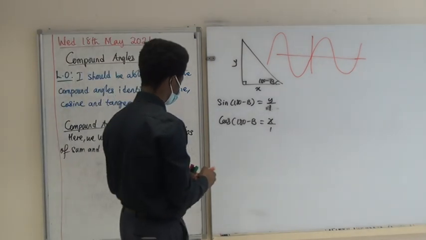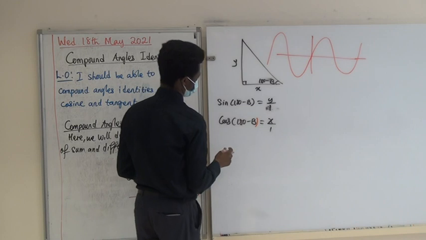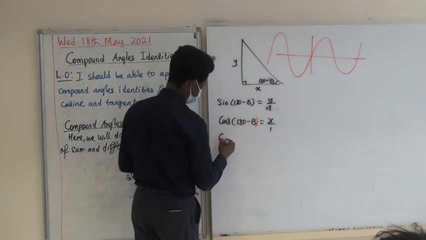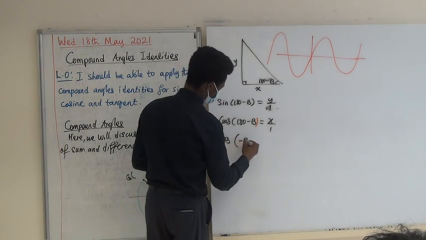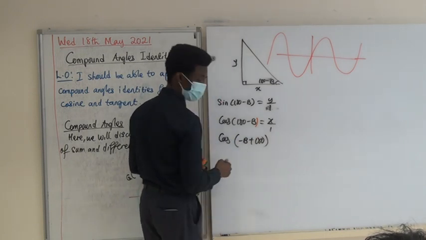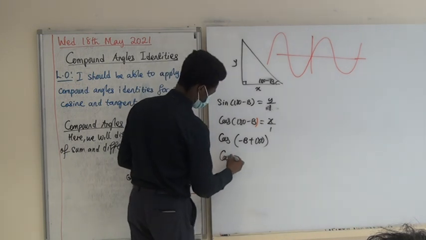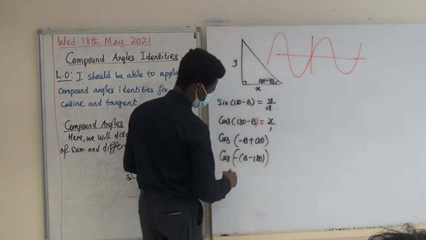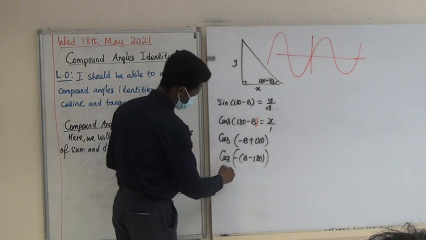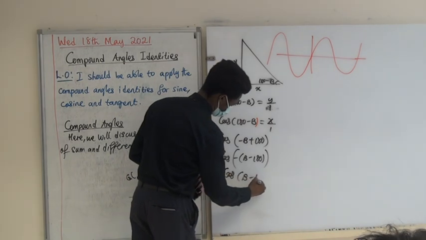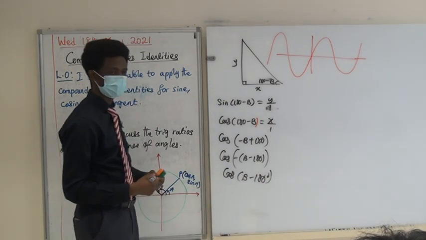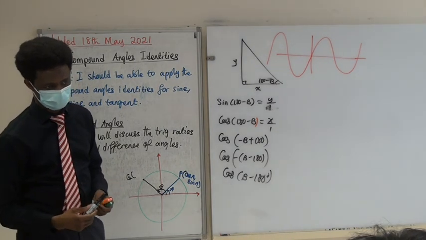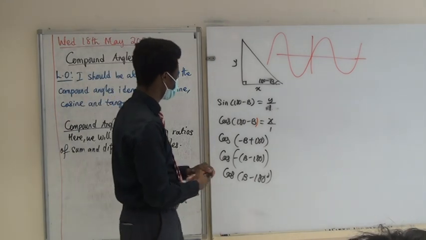Is it okay to write this as cos of negative b plus 180? Would it be the same to say minus b minus 180, if b is very large? Will it be okay to say this is exactly b minus 180? Cosine is an even function. Anyway, that's not what we're trying to do.